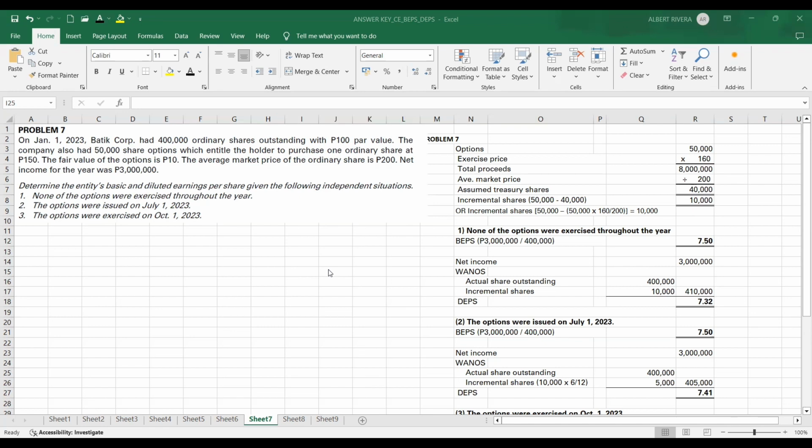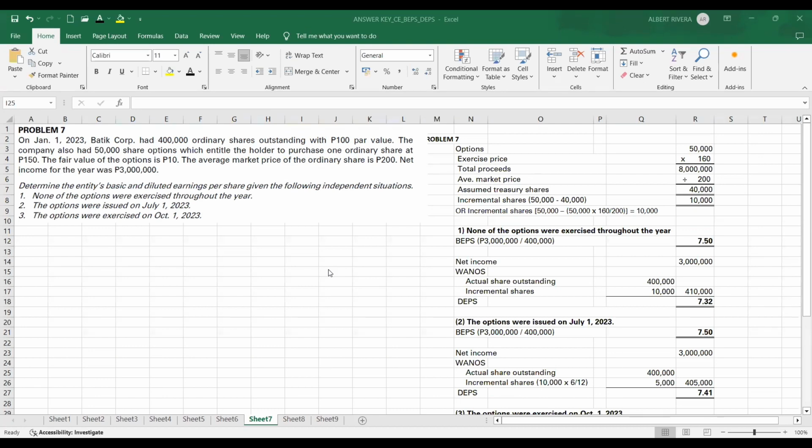And the fair value of the option is 10. Okay? So, ayan. So, the exercise price would be 160 because that is a fair value of 10. Okay? The average market price on ordinary share is 200. Net income was 3 million.